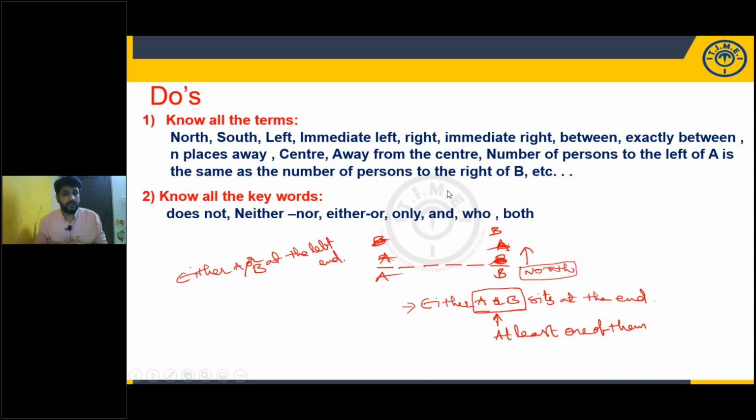Only one of them has to be at the end, because the left position we have only one. Either A has to be placed or B has to be placed. In this case, we cannot take both. And in the previous case, we can take both: only A, only B, or both.